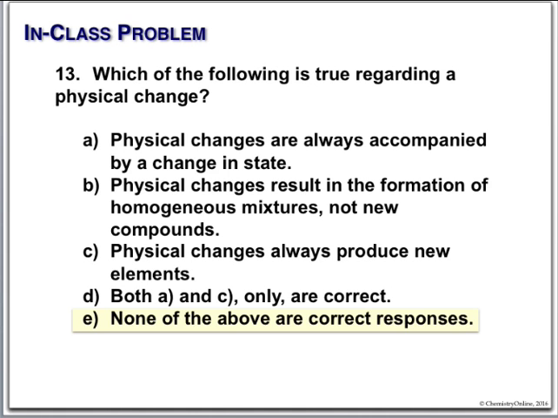With chemical change, you always wind up with one or more new substances. Any questions? So what's an example of a physical change? Melting ice is still water.